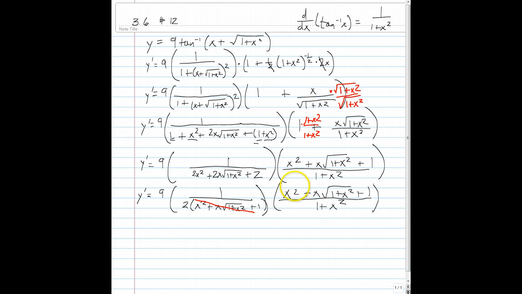So that leaves us with y prime equals 9 over 2 times (1 plus x squared).